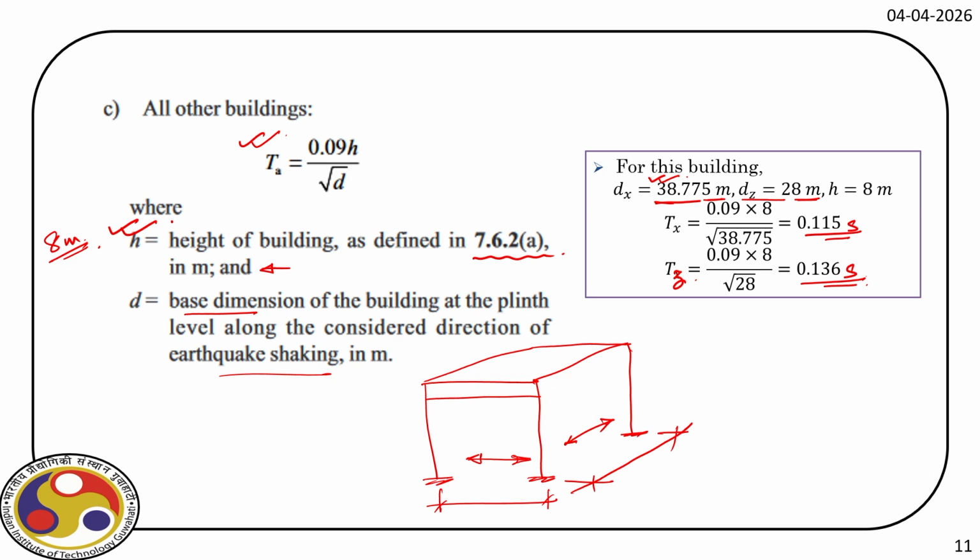Now recall omega is equal to 2 pi by T. So for this value of time period, we have 8.69 hertz.